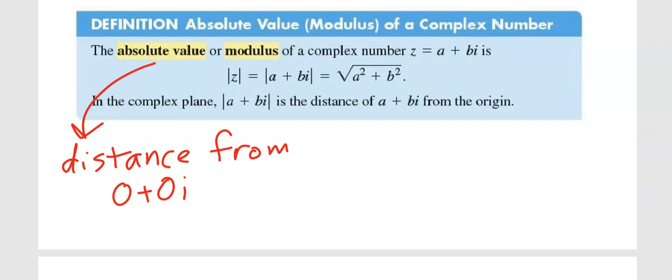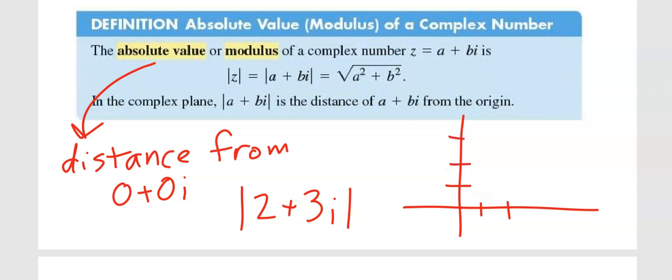So, if you take a number and ask me, what is the absolute value of 2 plus 3i? Folks, the answer's not 5. Okay? Don't be the kid that says, oh, that's the absolute value of 2 is 2, and absolute value of 3i is 3, and 2 plus 3 is 5. No. Think about what you're saying.